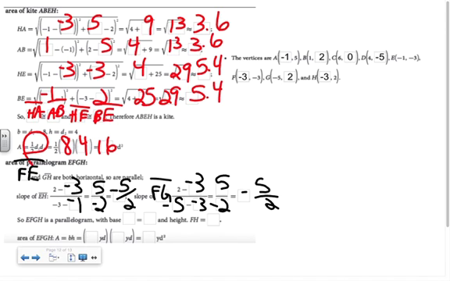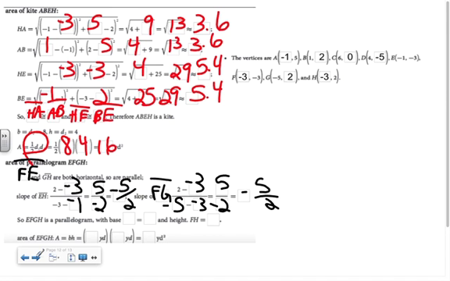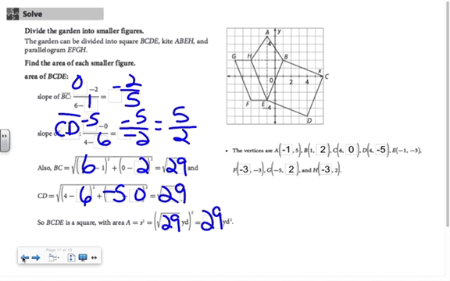So EFGH is a parallelogram with base, let's look at the diagram, EF, which is 2, and height, which is FH.